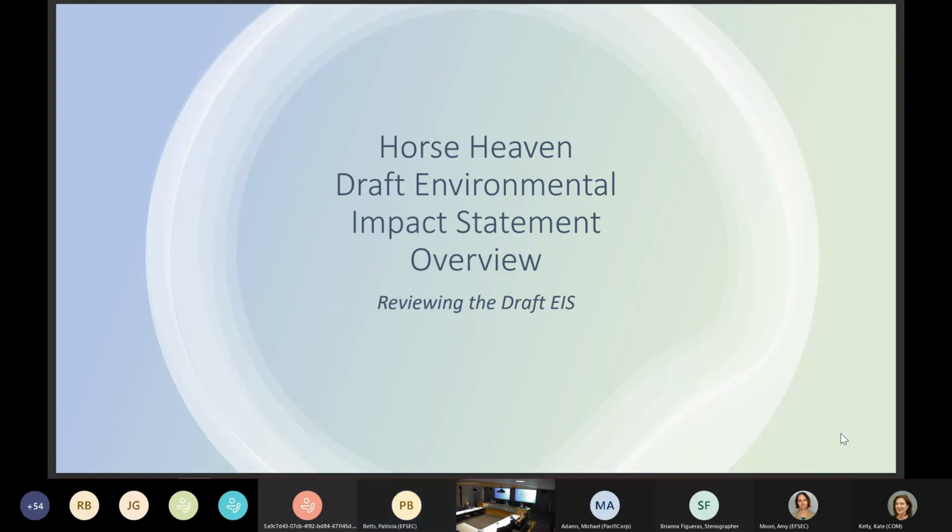So they have identified what they believe to be the maximum footprint, and that was analyzed in the EIS.